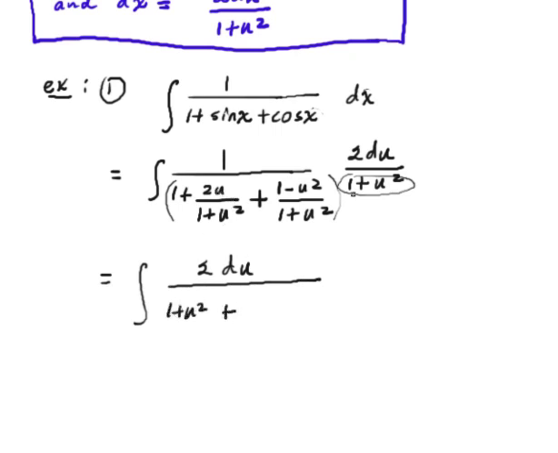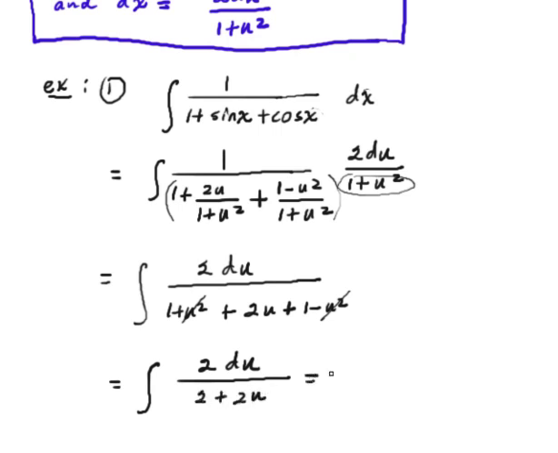Then 2u over 1 plus u squared times 1 plus u squared is just 2u. Then 1 minus u squared over 1 plus u squared times 1 plus u squared is 1 minus u squared. These two u squareds cancel, and we have 2 plus 2u. We can divide top and bottom by 2, so we have just du over 1 plus u.